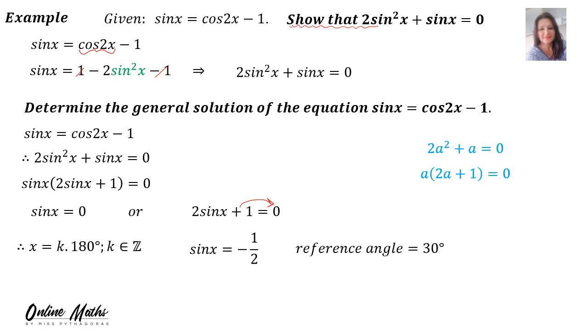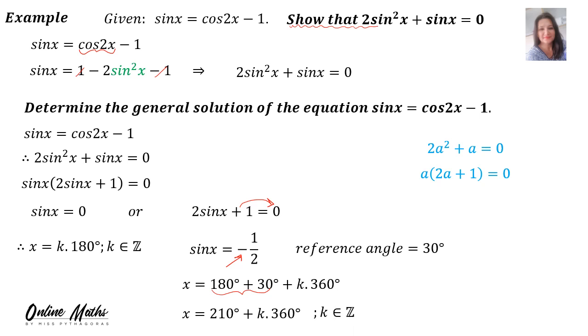And then what is the reference angle? It is 30 degrees. And then I will say, where is sin negative? Sin is negative in the third quadrant, which is the 180 plus reference angle quadrant, and I end with x is equal to 210 plus k times 360, k element of Z. And again, where is sin also negative?